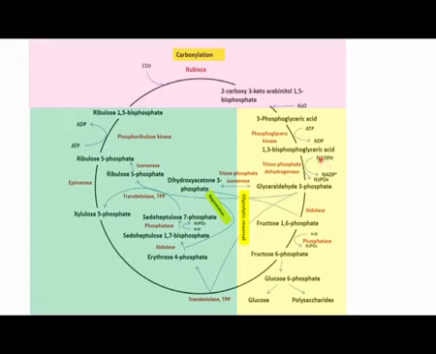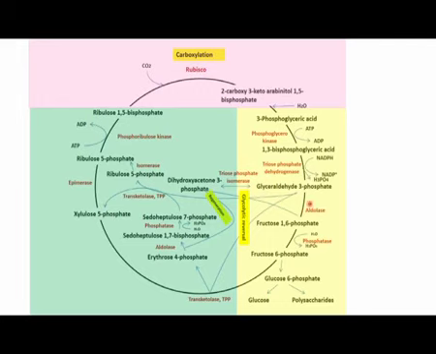A small portion of this glyceraldehyde 3 phosphate then undergoes a process known as isomerization. What is meant by isomerization is that it gets converted into its isomer, dihydroxyacetone phosphate, and this reaction is catalyzed by triose phosphate isomerase.